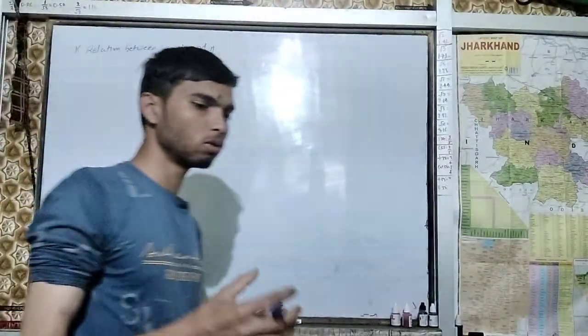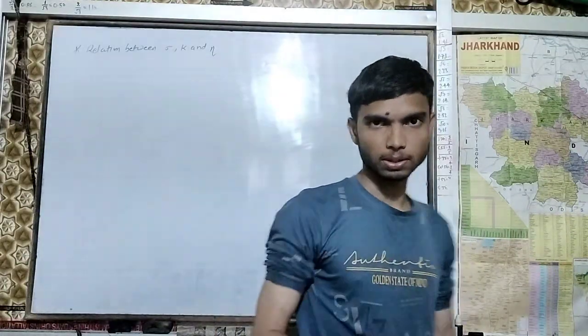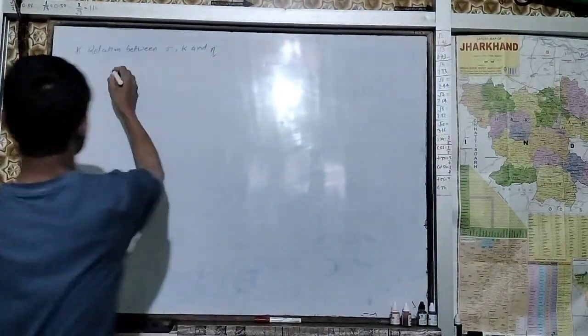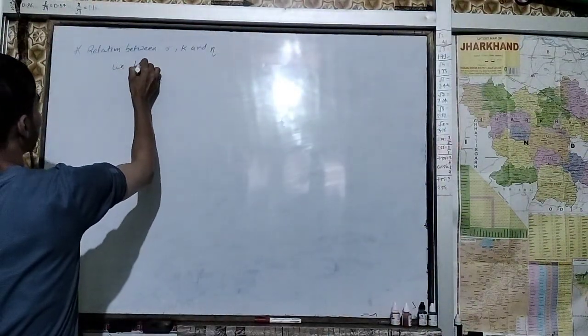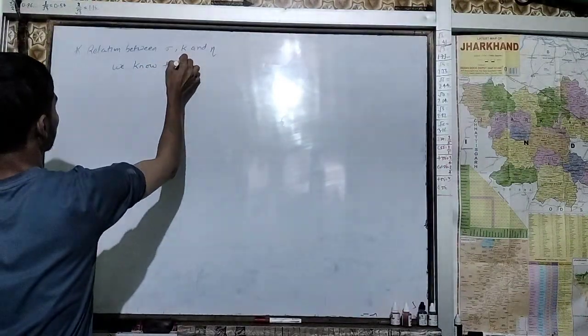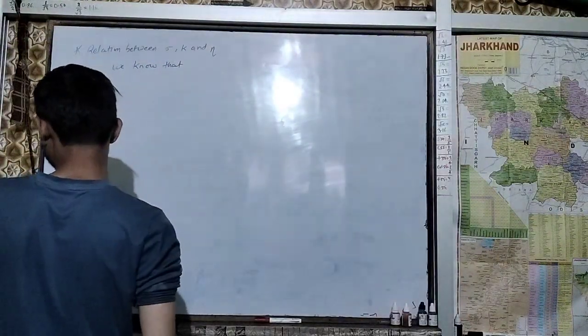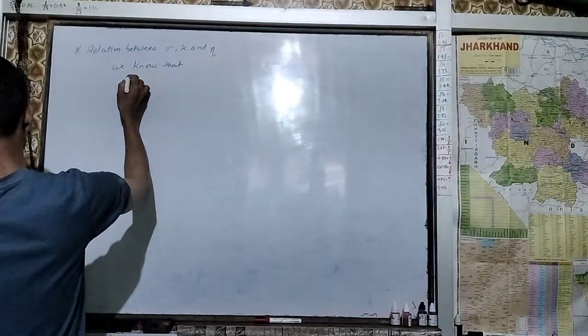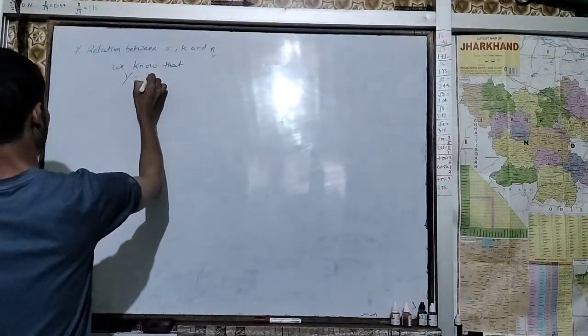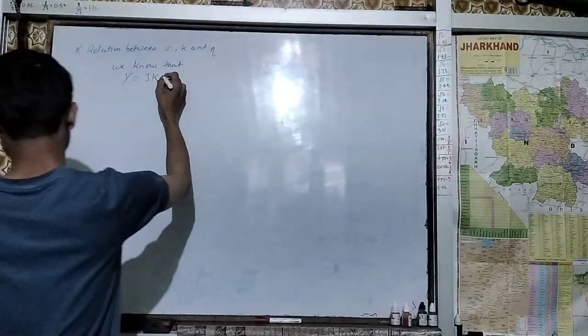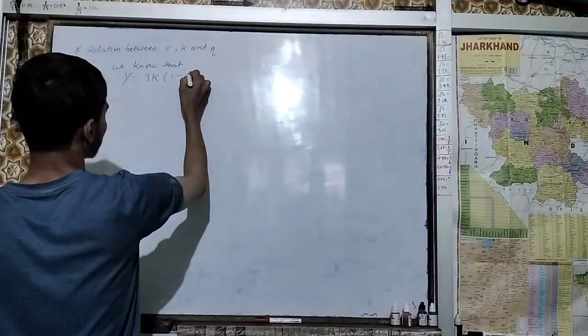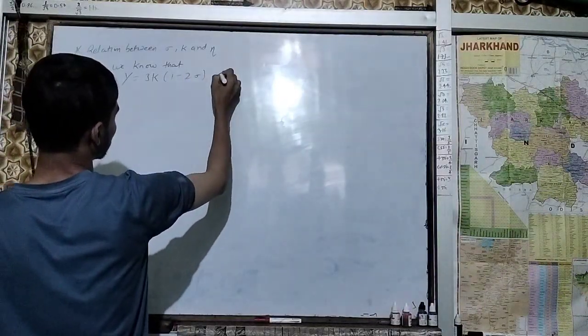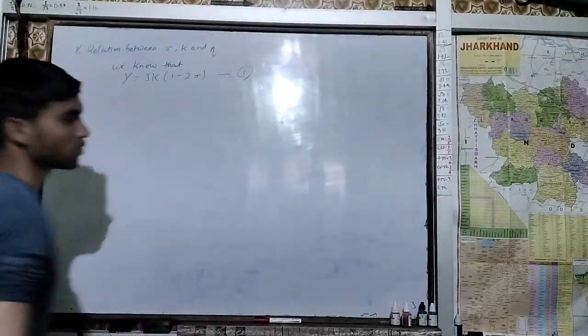Look, you have to take the first two relations. For example, we know that Young's modulus is equal to 3 times bulk modulus times (1 minus 2 Poisson's ratio). This was our first relation.